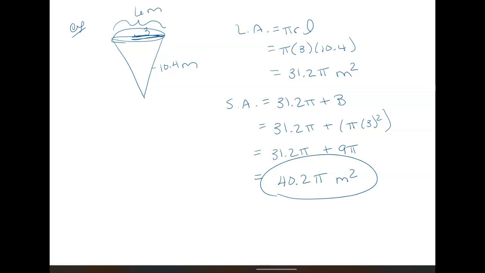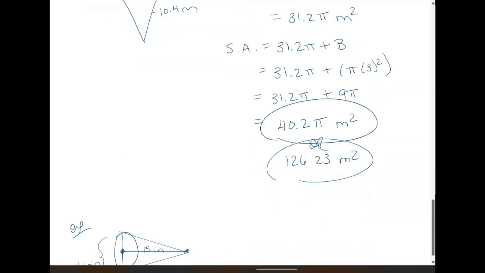If you want to multiply that out, you would get 126.23, something like that, meters squared. If you wanted to multiply the pi, but feel free to leave it in terms of pi.